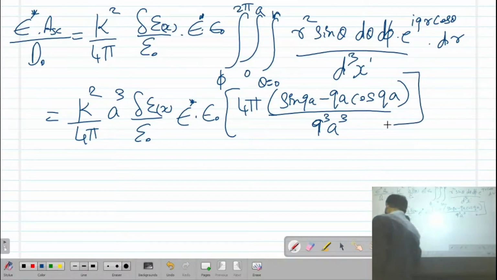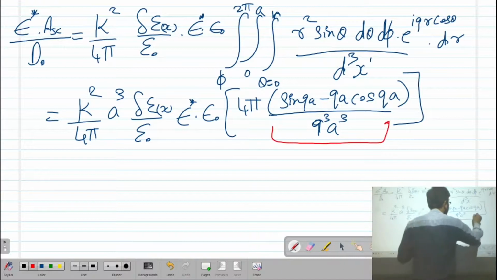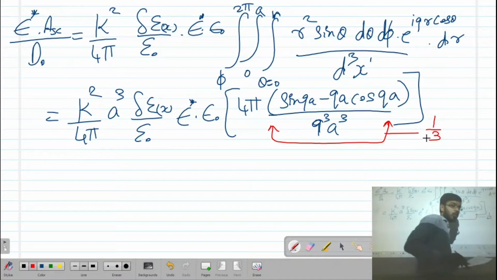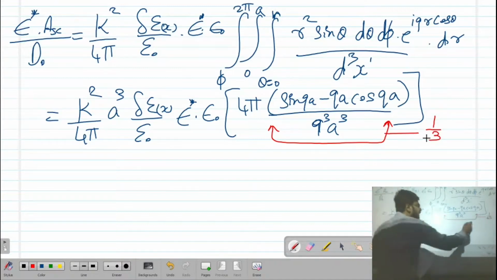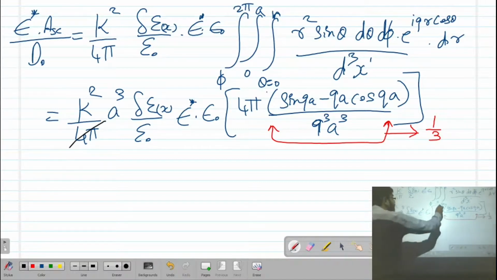The whole value is going to be 1 by 3. We are not going into detail of the individual derivations. Please note that, and this 4 pi and 4 pi are going to be cancelled.